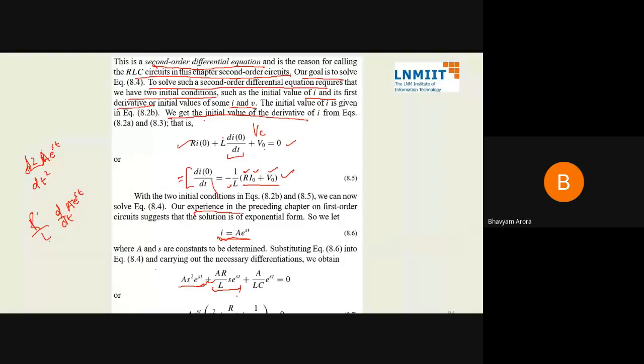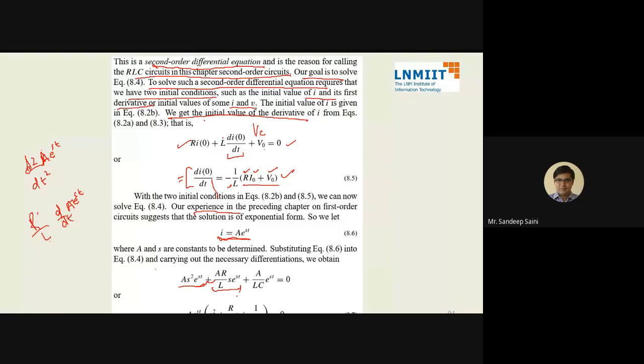Sir, can you explain the I part once again? Yes. From the start, I is equal to A e st. We are saying just assume that I will come as A into e raised to power st, where A is a constant that we will identify and s is in the Laplace domain.